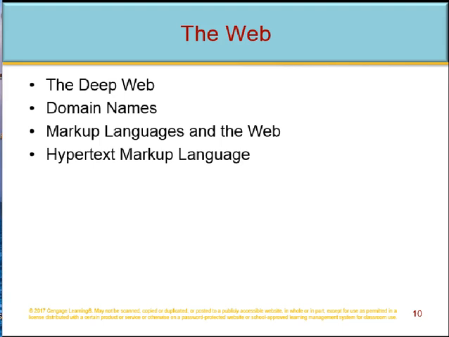The most commonly used markup language is HTML, and it's a subset of the standard generalized markup language. The World Wide Web Consortium, the W3C, maintains web standards. There's also an extensible hypertext markup language, XHTML, that's used on the internet as well.